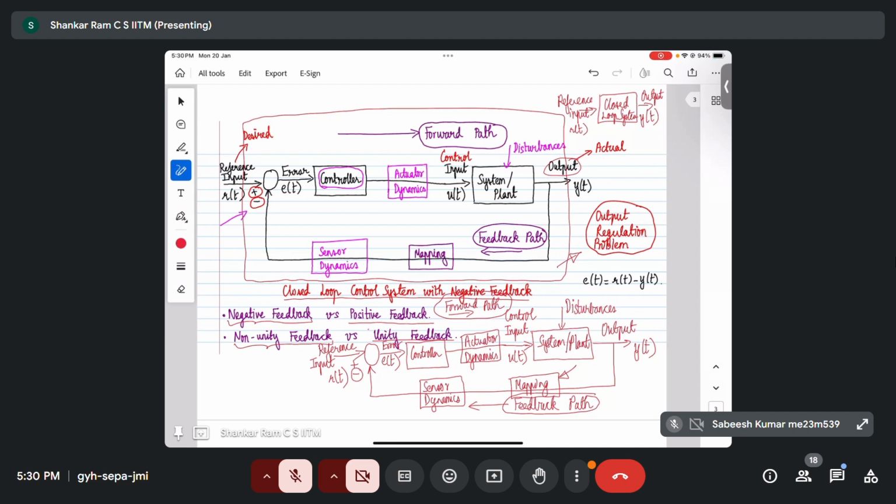Sir, I have a query. This is regarding that reference input. Suppose we are having a cruise control system in the car, and while we're setting the reference input, suppose the car should move at around 60 kmph. Now, speed has to be measured by some sensor as well, right, sir?